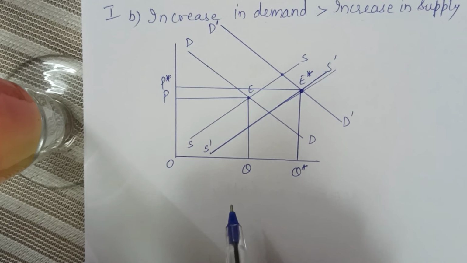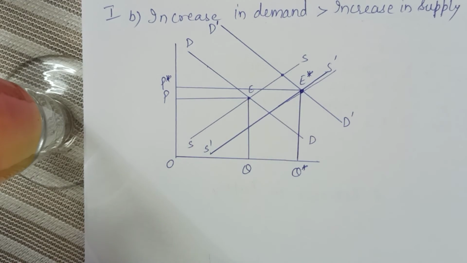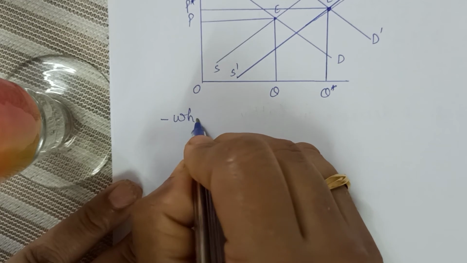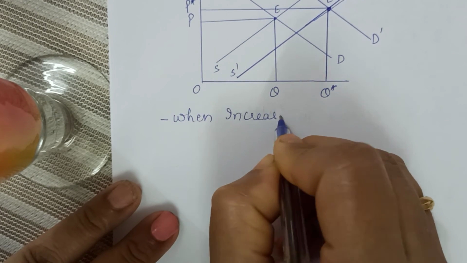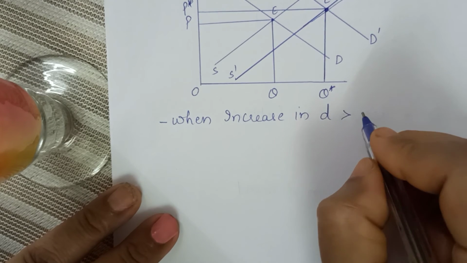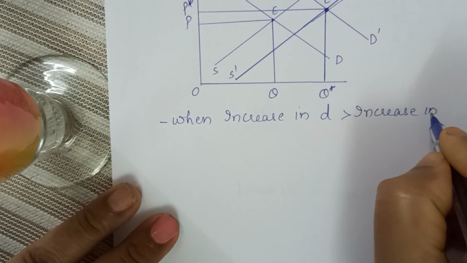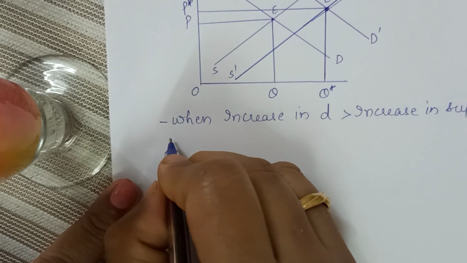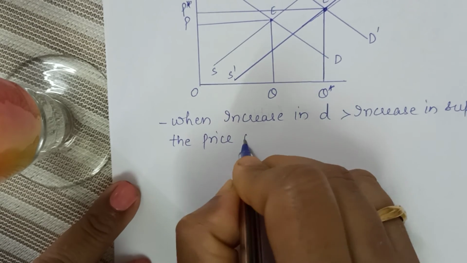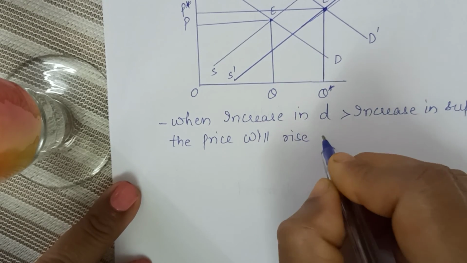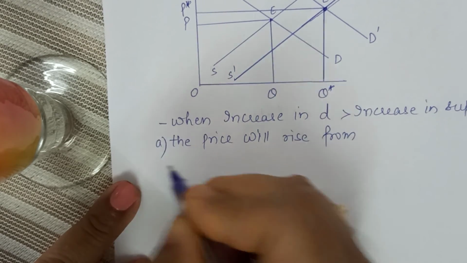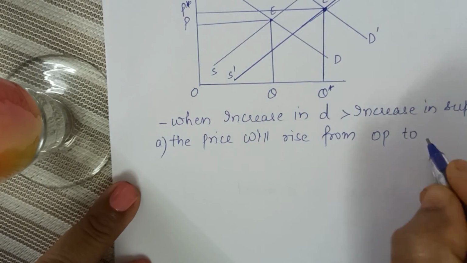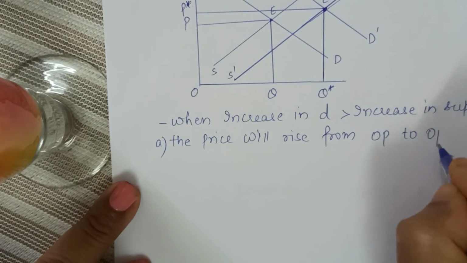Now what is the observation? Let us write the observation. When increase in demand is more than increase in supply, the price will rise from OP, earlier it was OP, to OP star.